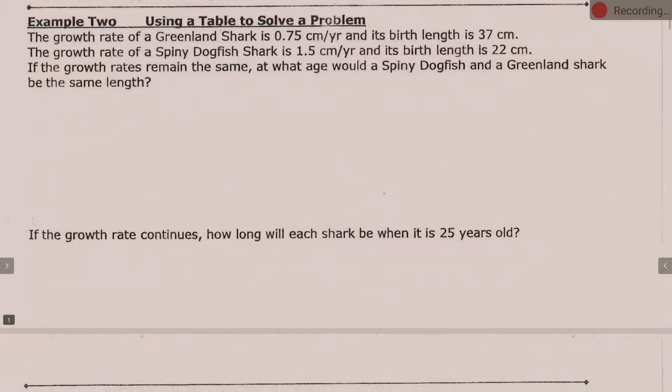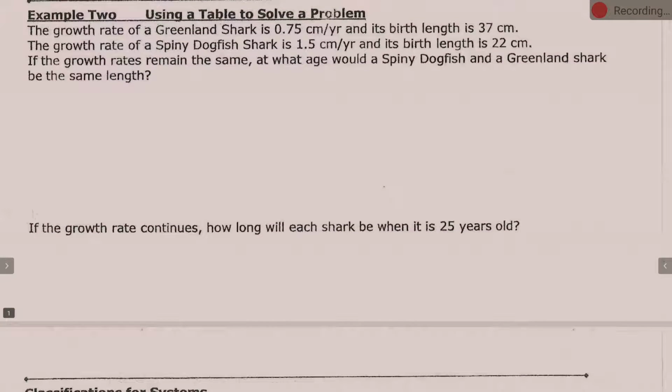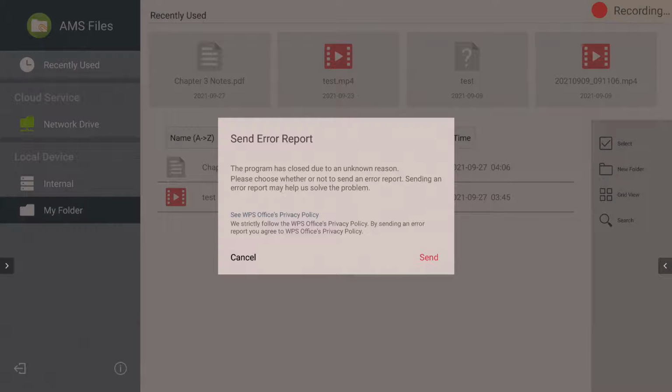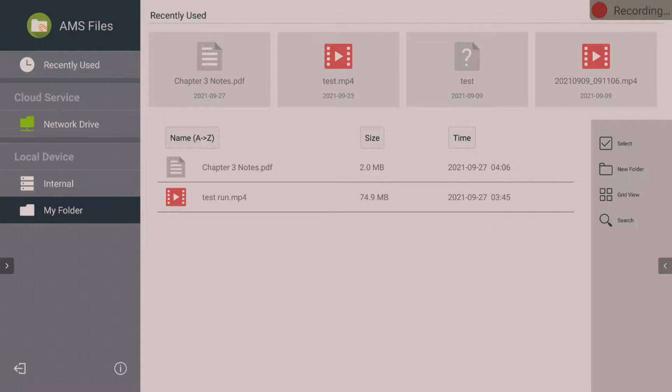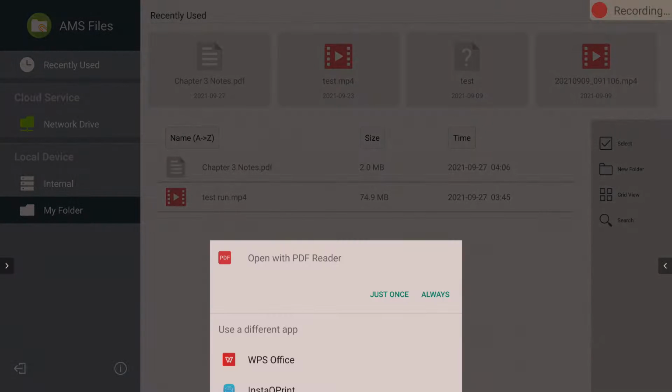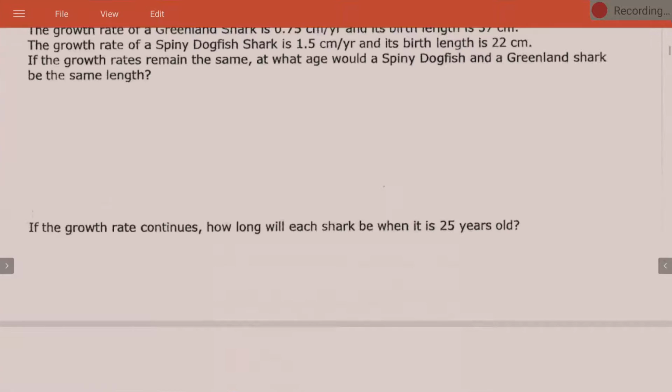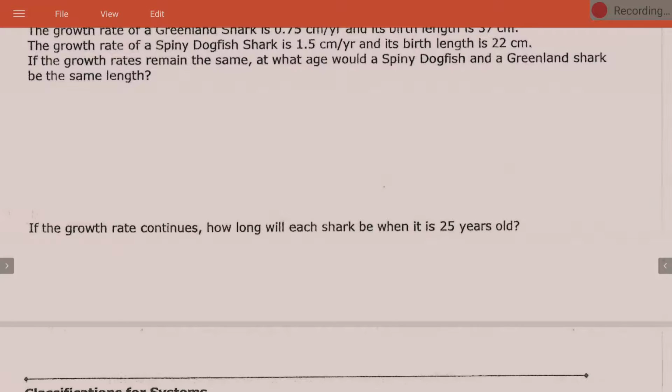Getting better here. Okay. Not really. Oh no. Dang it. Am I still recording? Oh, I am still recording. Well, okay, so I can go back into my notes here. Open them with a PDF. Probably need to change that to always. Oh, hey. And it brought me right back to where I was. Boom. Magic. Now let's try.